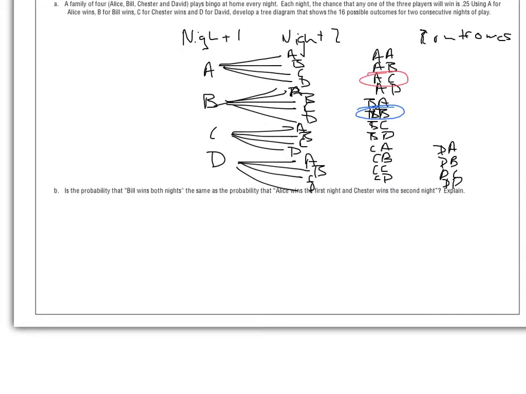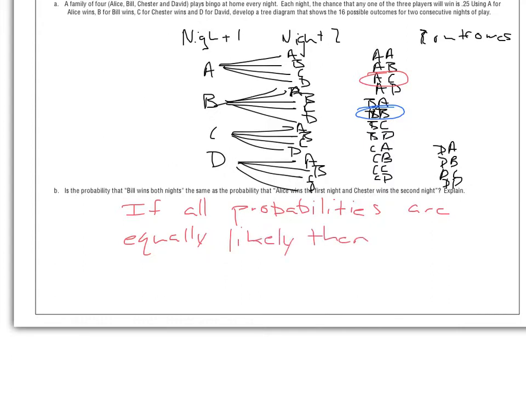And our answer is, if all probabilities are equally likely, then the probabilities are both 1 out of 16, because only 1 out of the 16 outcomes meets the criteria.